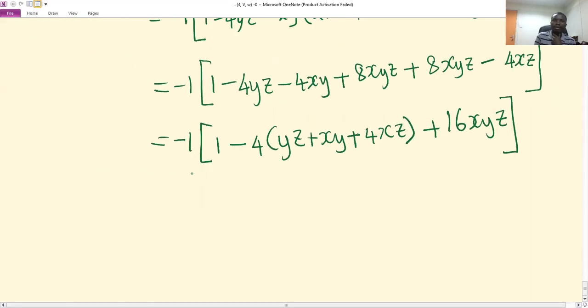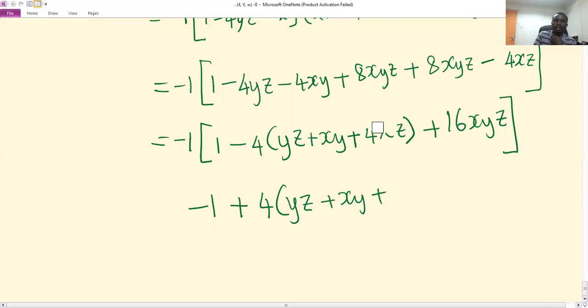And you see when I open the brackets, I'll have -1, now plus 4 into yz plus xy plus, now there's no 4 here because it was already factored.